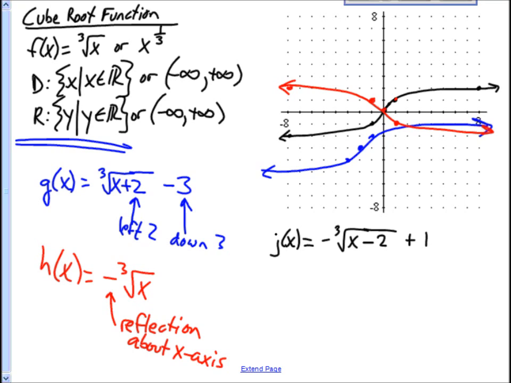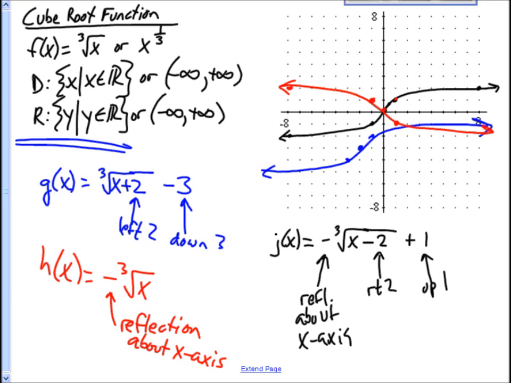Alright, so what's this going to do? Well, first of all, I've got to reflect it about the x-axis. And then I'm going to go right 2, and then I'm going to go up 1. So let's flip it over.